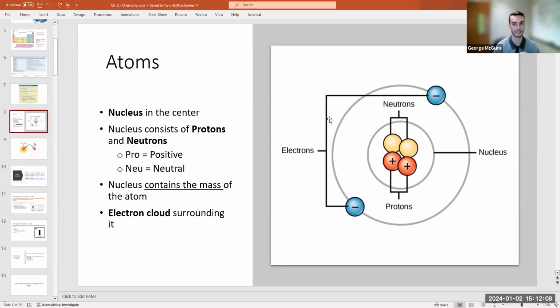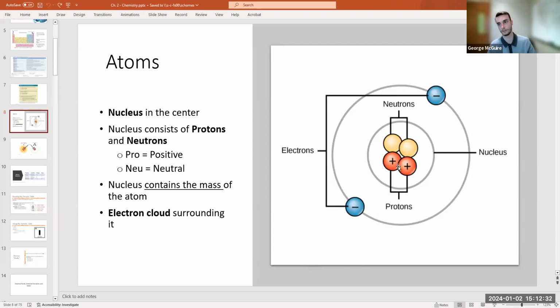These electrons are what are going to be used to create bonds. Atoms interact with other atoms through sharing or exchanging these electrons, and specifically, the electrons that are on the outermost shell. We'll come back to that in a second.